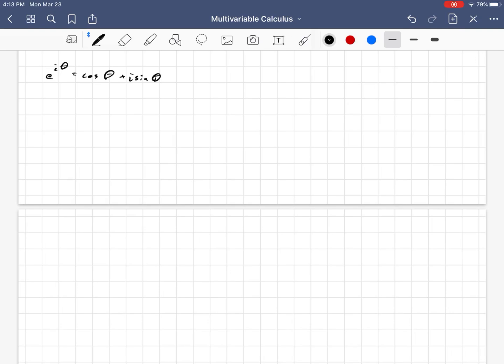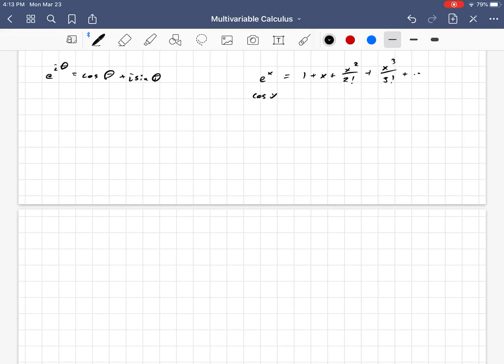The traditional way to go about proving that is to take the Taylor series for e to the x, which is 1 plus x plus x squared over 2 factorial plus x cubed over 3 factorial, and so on.